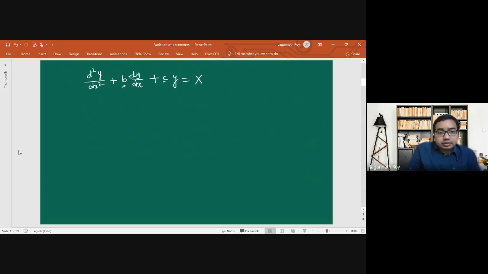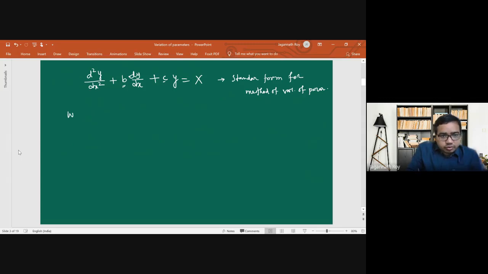So this is the working rule. After rewriting the equation, this is the standard form for the method of variation of parameters.